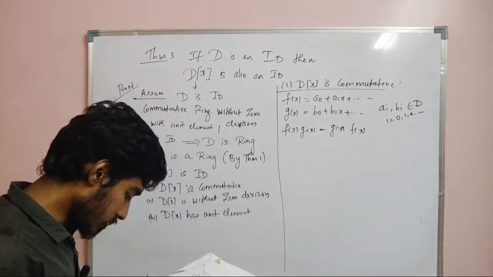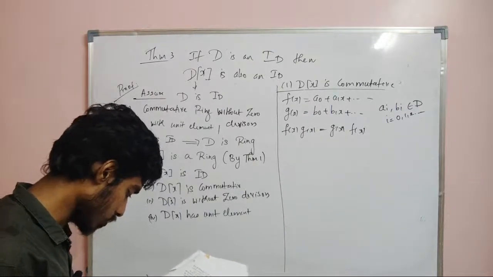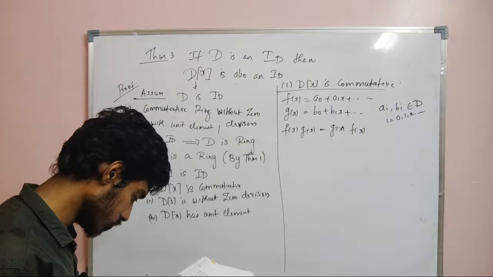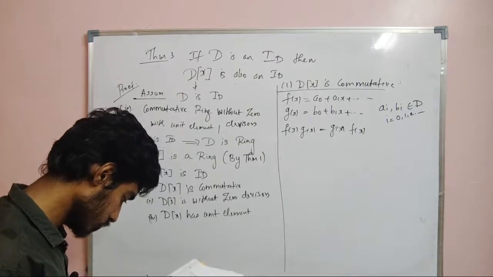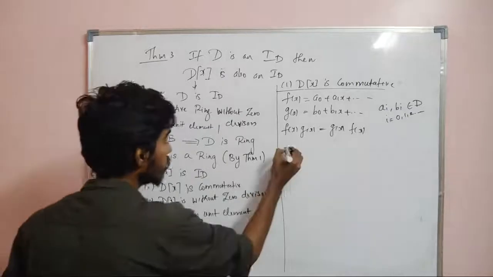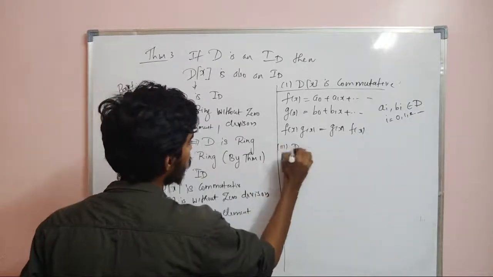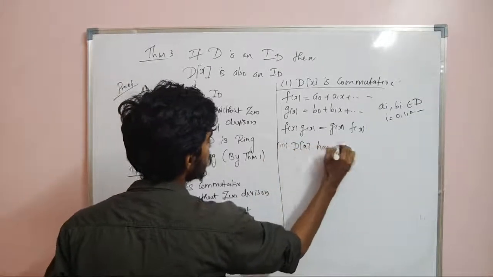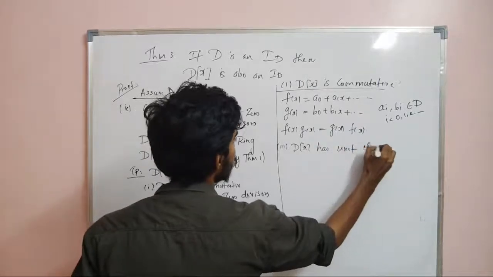Now we will prove the third condition, that D of x has a unit element.